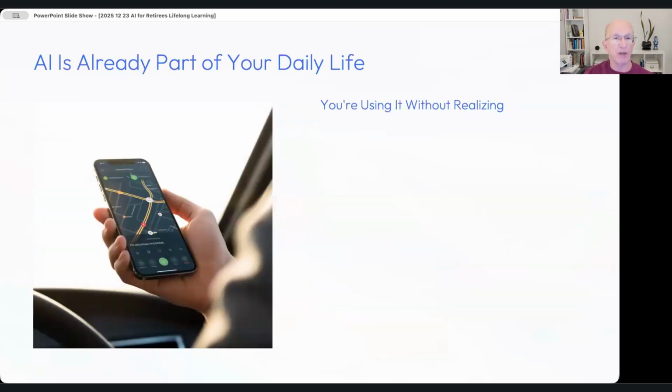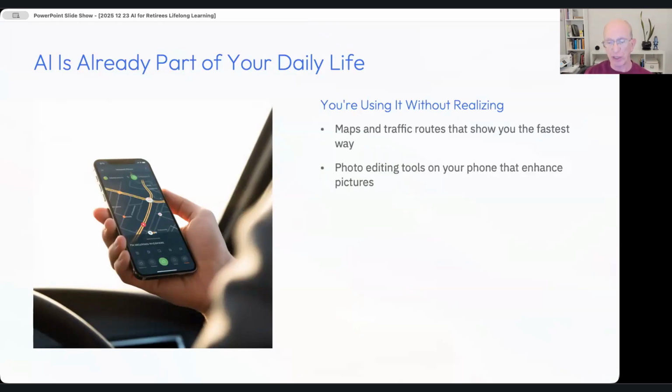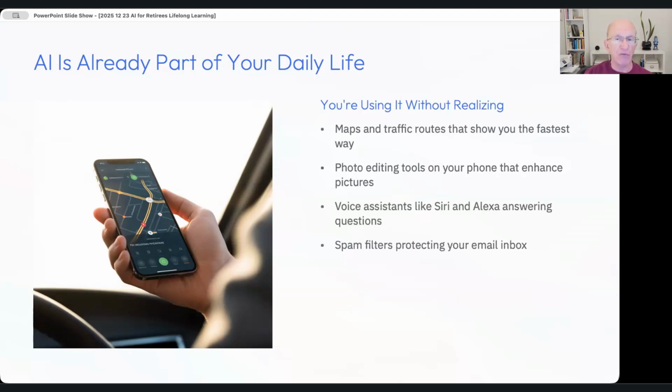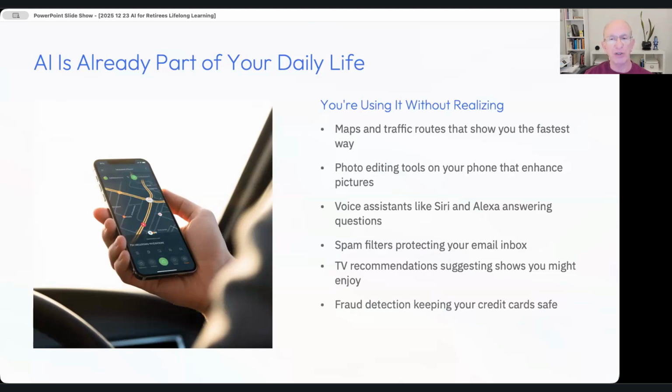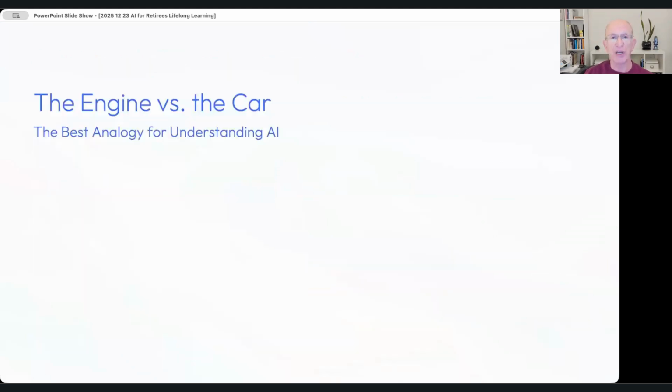It's already part of our daily technology life with maps and traffic routing, photo editing tools, voice assistants that help us out, spam filters that track our email inbox, TV recommendations and suggestions for things, and fraud detection that helps keep your card safe.